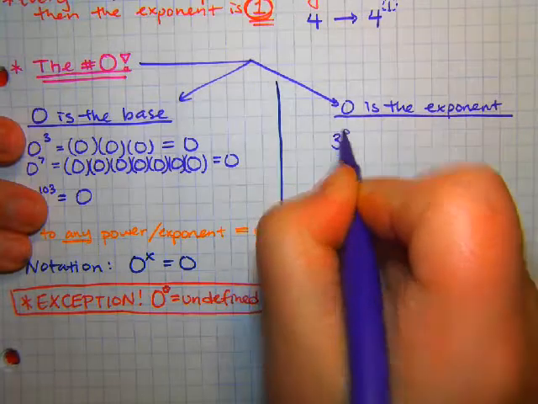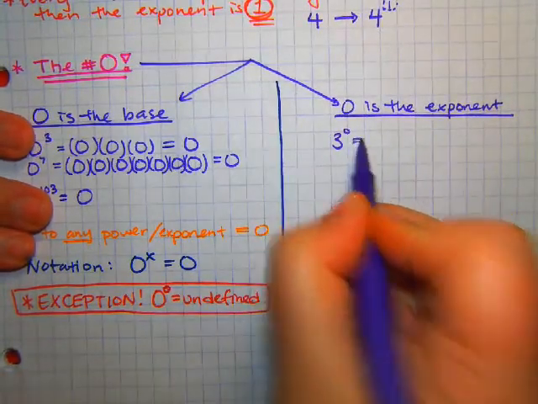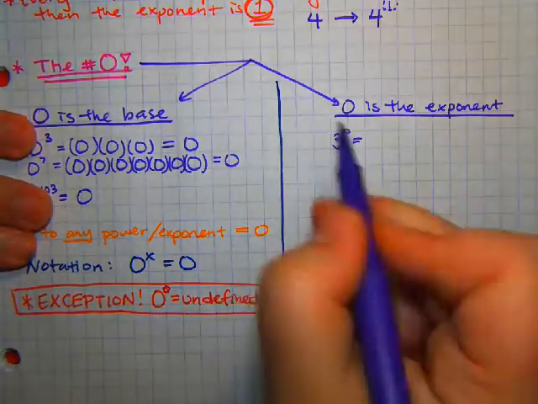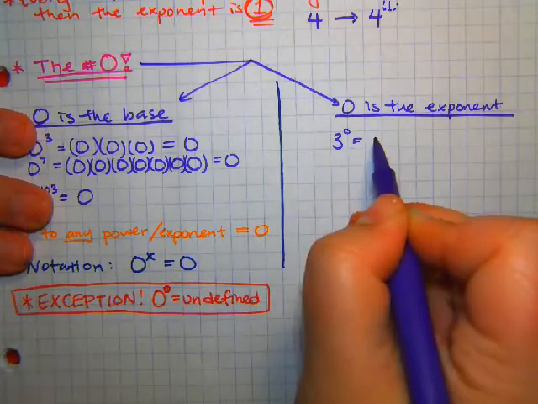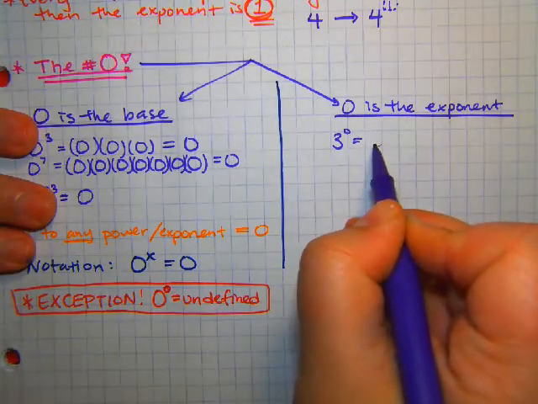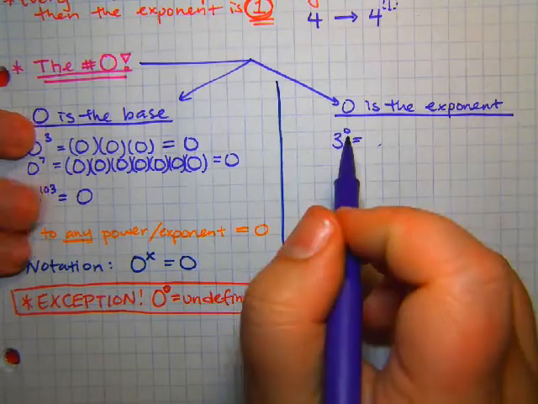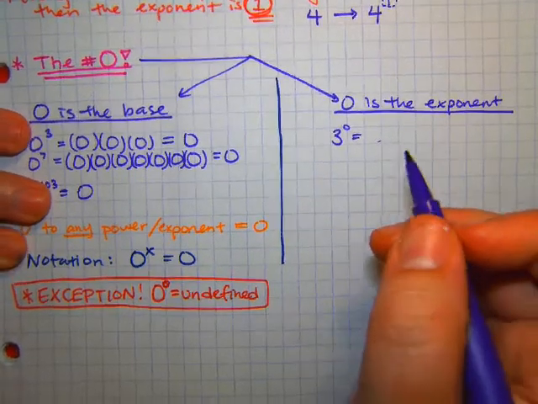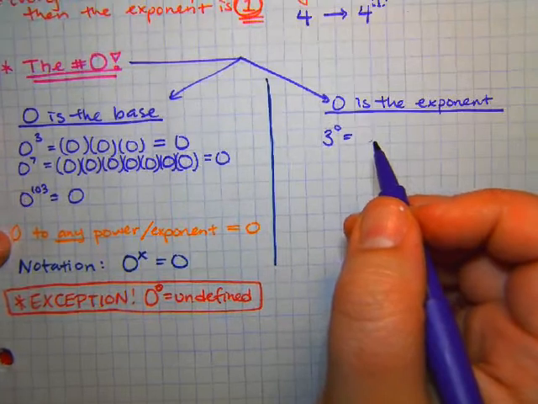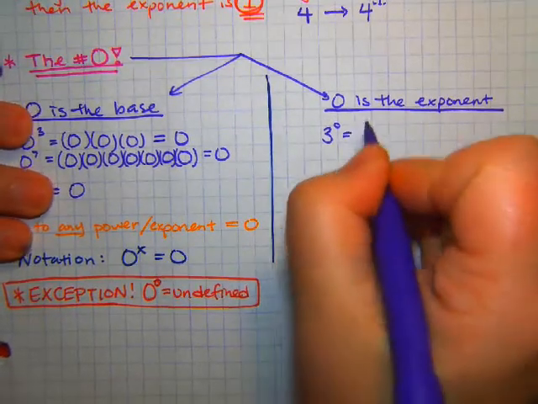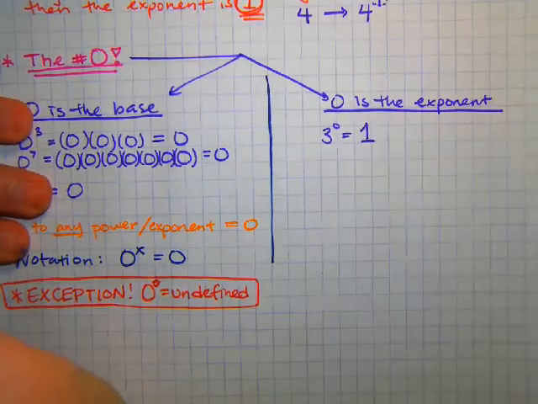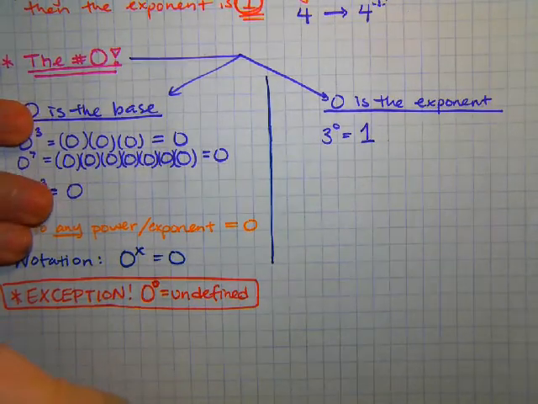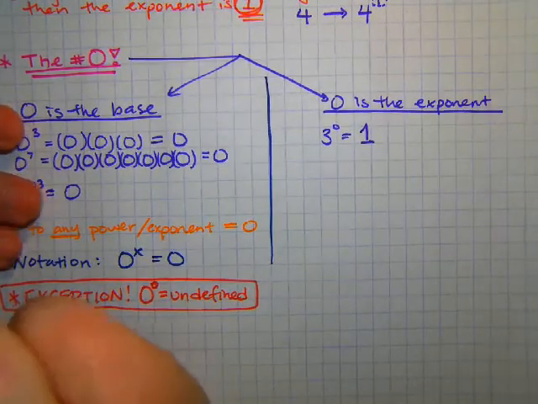So if we had 3 to the 0 power, well, here's the thing. Before I had 3 to the 1, so I was able to write just 3 one time, but now I'm not allowed to write it at all. That's very, very confusing. And the instinct would be that the answer is 0, but it's not. It's actually the number 1. Okay? Why is it the number 1?